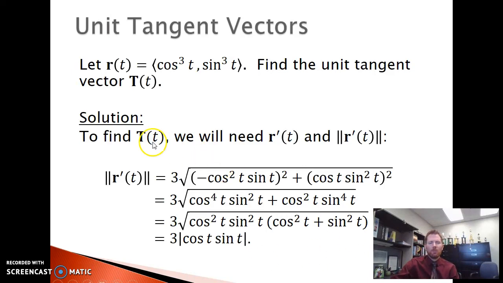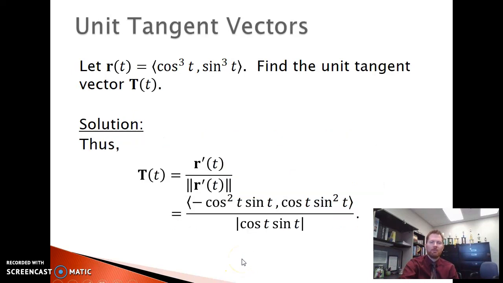So finally, we want to get T of t. We need to divide r prime of t by its magnitude. Here's the magnitude. We found r prime on the previous slide, and so we get this divided by this. I have canceled out the common factor of 3 that was in both the numerator and the denominator. It's also possible to simplify this expression much more.